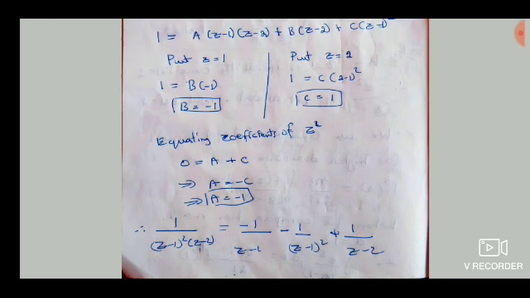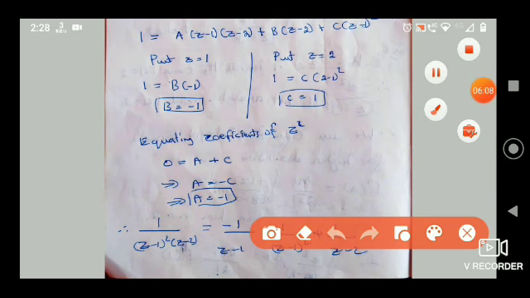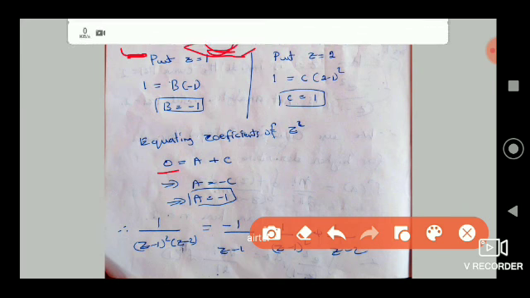equating the coefficients. The easy way is to start with equating the coefficients of z square. In the left hand side, there is no z square term at all, so the coefficient will be 0. And what is the coefficient of z square here? If you multiply the first two terms, you will get z square, and the coefficient will be that constant a.